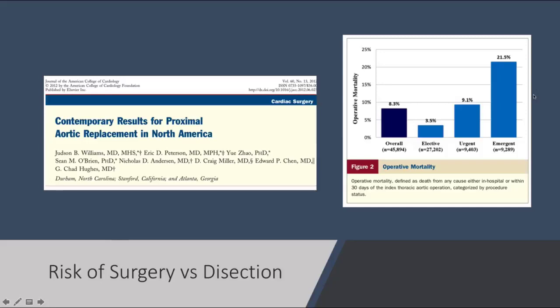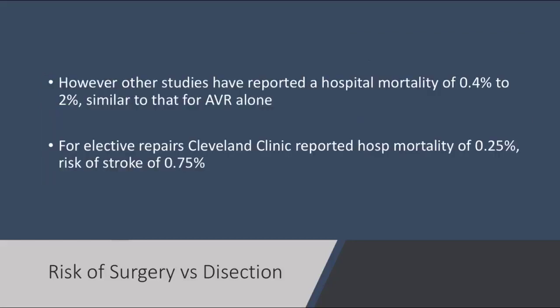And so if it really is 3.5% as our risk of mortality, then it probably makes sense to make our thresholds a little bit more conservative. However, there have been a lot of other studies that have suggested that this mortality risk is inflated, and those from Cleveland Clinic suggest that their mortality risk for elective aortic surgery is only 0.25%, and the risk of stroke is only 0.75%.